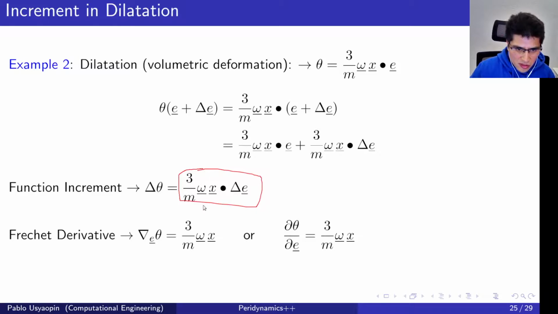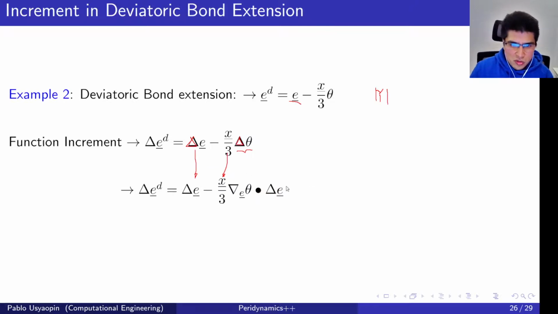But since the increment of theta, which is 3 over m times omega x, is the same as the Frechet derivative of theta with respect to e times the increment of e, we can simply substitute that part in here.